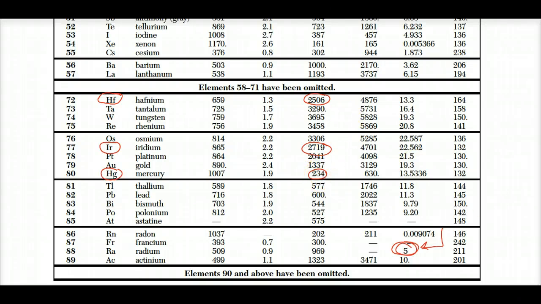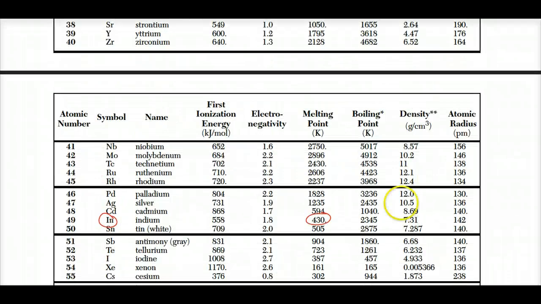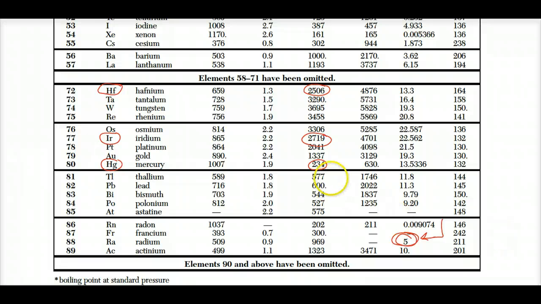Remember, these are listed in kelvins. So this is below freezing. 273 is 0, so 234 is below 0. So mercury has the only melting point or freezing point below 0. It's the one that's different, but being below 0 degrees Celsius and room temperature always being above that means that it's in the liquid phase.